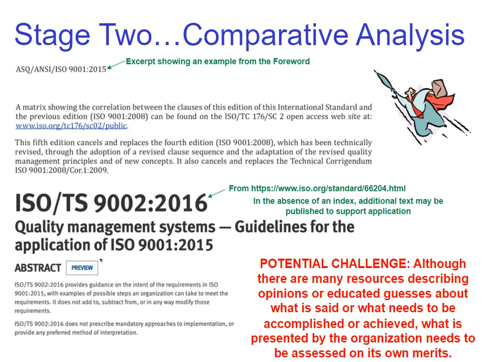So remember that it can be taken into consideration, but 9002 is not a document that is intended to be used during an audit to identify whether an organization is conforming or not conforming to 9001-2015. It's simply a guidance document that can be used to support the implementation.